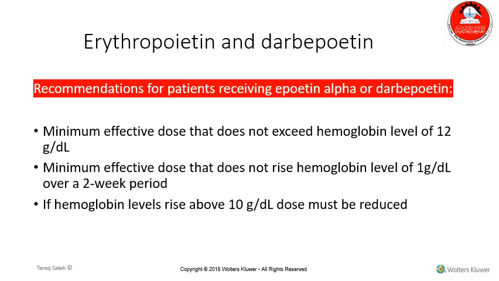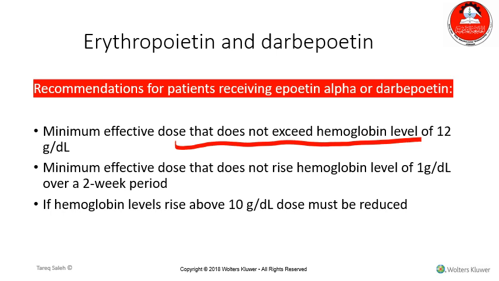So, in order to treat a patient with erythropoietin, you will have to use a dose that does not exceed hemoglobin level of the patient above 12 gram per deciliter. Okay, so as you initiate the treatment with erythropoietin, you will also measure hemoglobin levels consistently. And the dose that you use of erythropoietin to correct the anemia should not increase hemoglobin levels of more than 12 grams per deciliter.